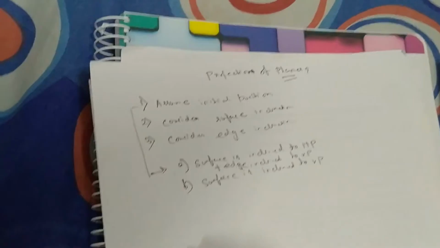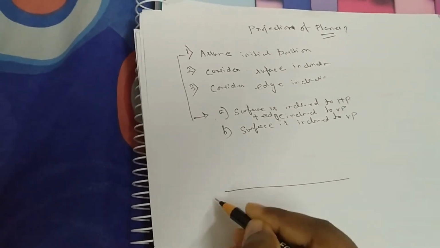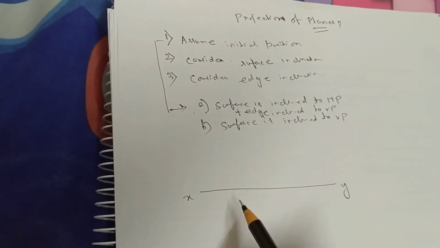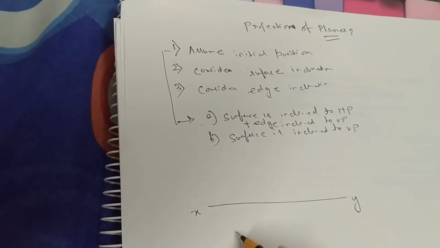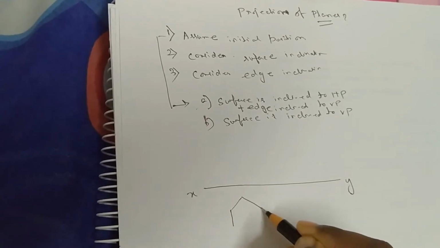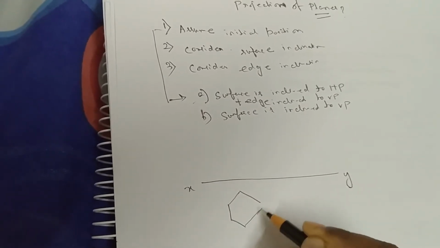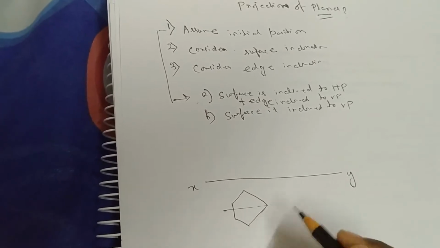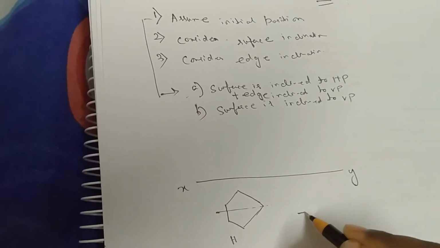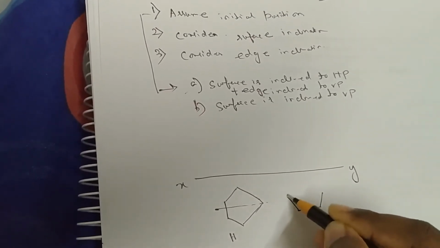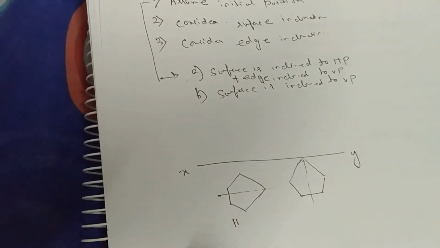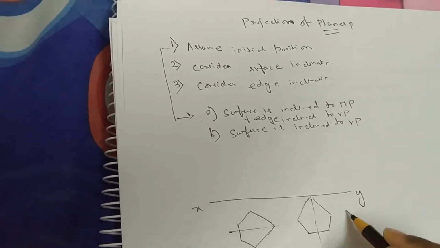Because if I draw a 2D plane, this is your XY reference line. Suppose I have a pentagon like that. We can place it like that, and we can place it like that also. Both of these pentagon surfaces are resting on the HP plane.